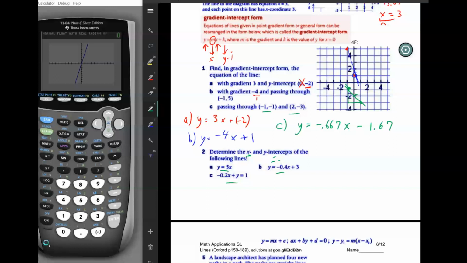Okay, and so let me give you the procedures to find the x and y intercepts of the lines. Y-intercept we did in the investigation. Basically what we did was we graphed it and then we did trace 0. Now x-intercept, we haven't done that yet, but it's one of the additional methods that we use from second calc.